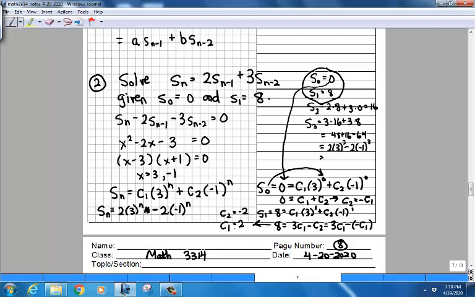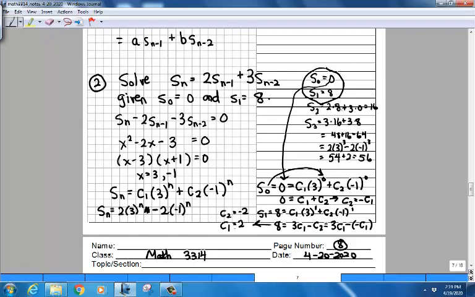So 3 cubed is 27, 2 times 27 is 54, and this looks like plus 2, which is 56. Whoops, okay, so I'm off somewhere. Where did I get off here? Because I was expecting 64 there.